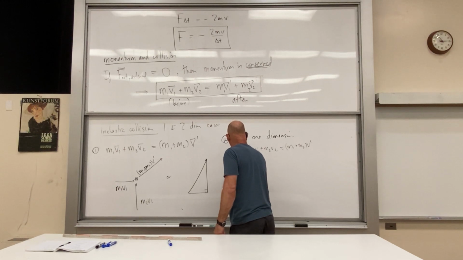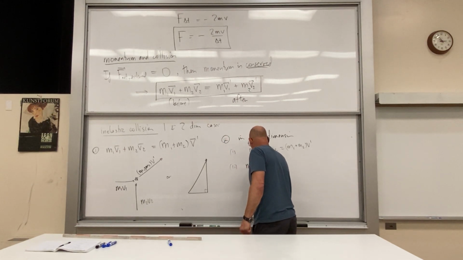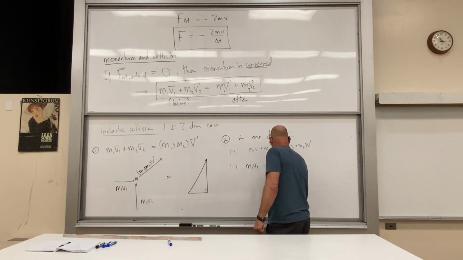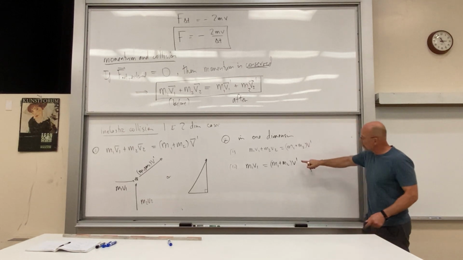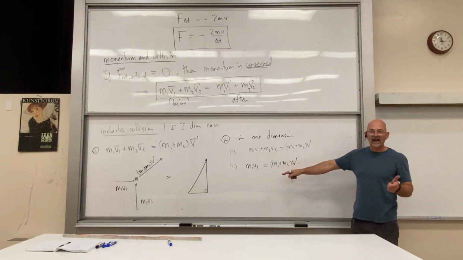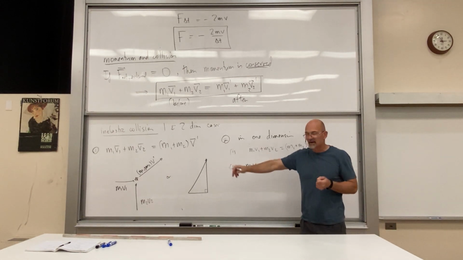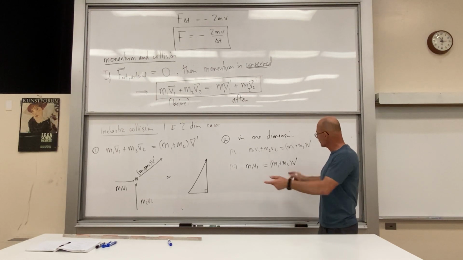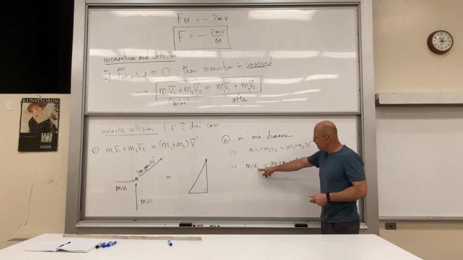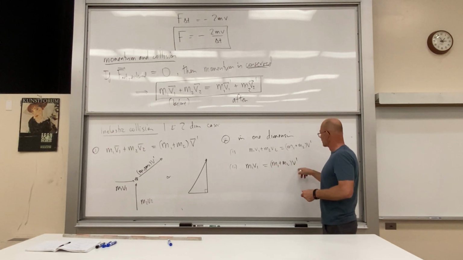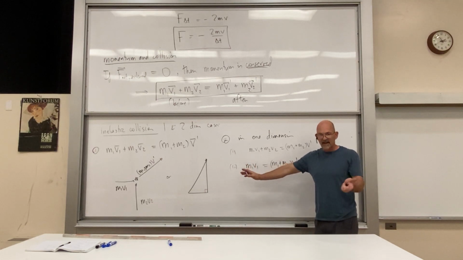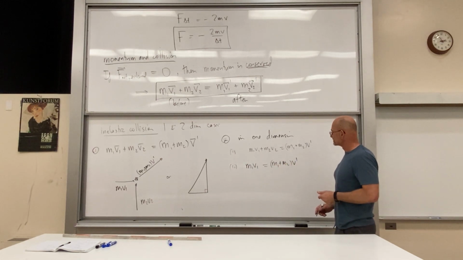Or a second example, the one we did the most with: M1 V1 equals the sum of the masses times V prime. This second one is when the target is at rest and you've got the incoming particle colliding with it, and that's why V2 is initially 0, and then we get this equation here. So there's an example. Remember, you're not memorizing these, you're just recognizing them and how to use them.